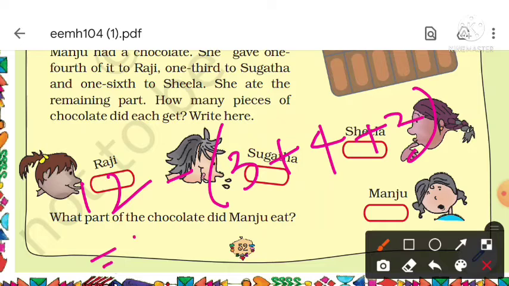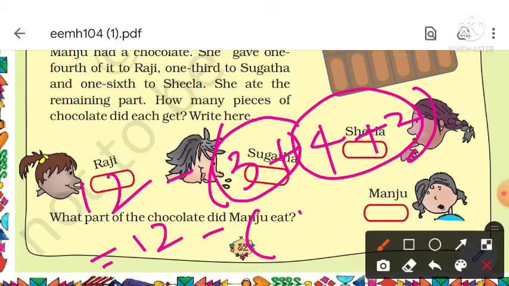So 4 plus 2 is 6, plus 3 is 9. So 12 minus 9 is 3, that means 3 bits. So the part remaining is 3 bits. Therefore Manju ate 3 bits of chocolate.